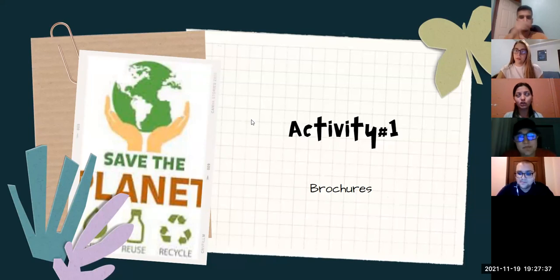In this case, we are going to use brochures with information and pictures, something that catches people's attention, and in this way, they will think about the problem and pay attention to this, and maybe they will be motivated to contribute to find a solution. So basically the first activity is using brochures to give information and raise awareness.